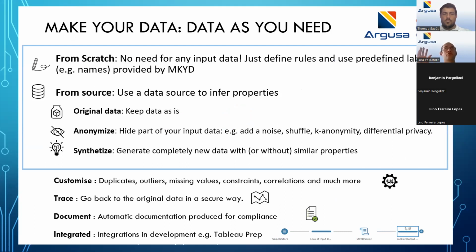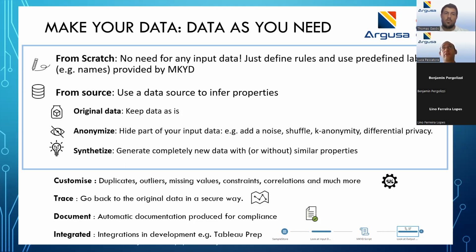You can choose to keep part of the dataset as it is and just generate some of the columns, some of the properties, or all of it. You can also decide to just anonymize, which means hiding data but keeping the structure of the lines, or synthesize, which means really creating a completely new data set, generating new lines.